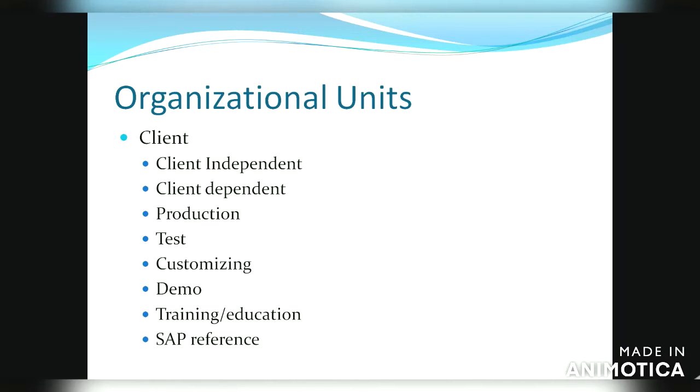If we think of client as a database, there are two things: client independent data and client dependent data. If we log into client 100, we can see all client independent data.